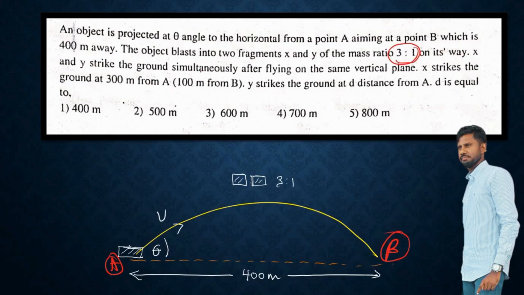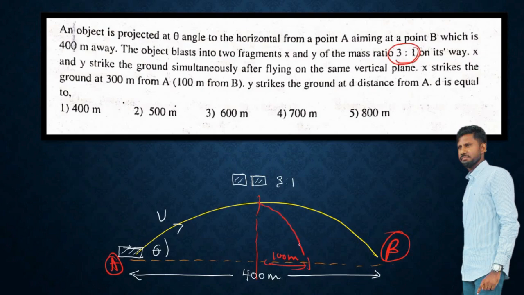X and Y strike the ground simultaneously after flying in the same vertical plane. X strikes the ground 300 meters away from A. So let's say here it's the middle, it's 300 meters, that means 100 meters away from this point.